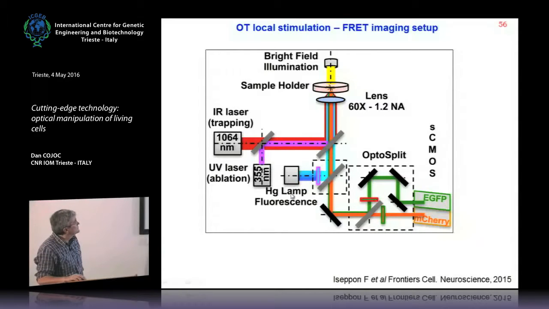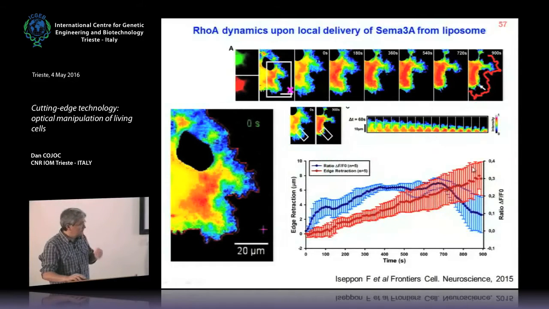Here we use the mercury lamp, and then here this is a laser, the pulsed laser for breaking the liposome, and the infrared laser for manipulating the stuff.